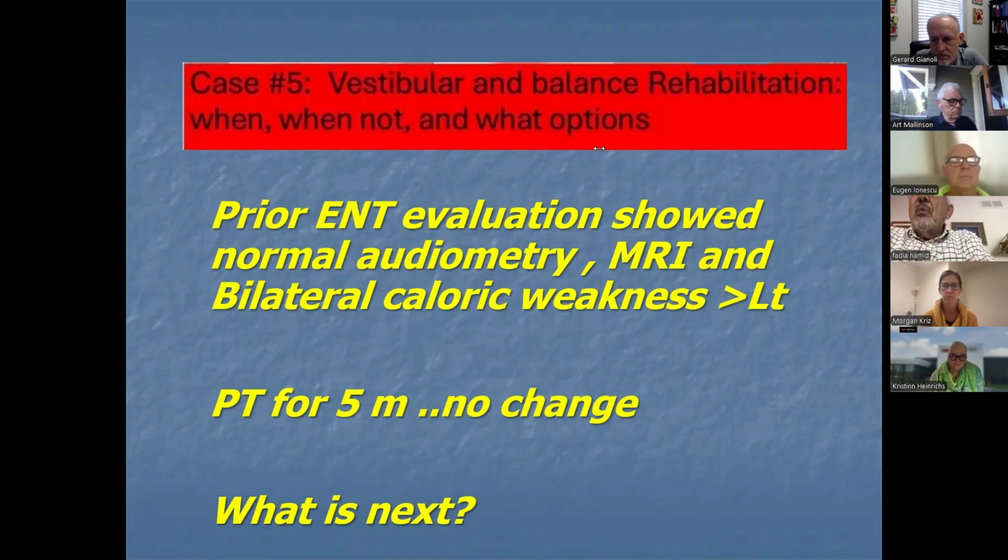Jerry, you also said that it's important to do caloric testing as part of vestibular evaluation, and I agree with that. But I have no explanation why some institutions globally would now just do the V-hit and stop.